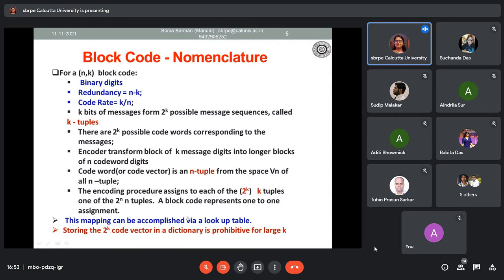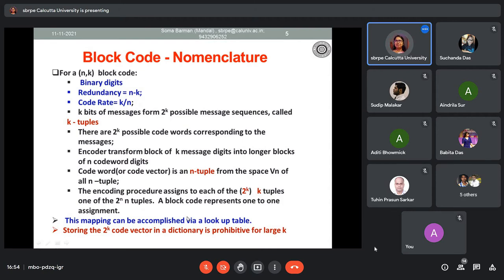Okay. Now, when you code the information, the length is n. So the number of bits or digits of the code word after coding will be n digits. So 2 to the power n sequences can be generated. Isn't it?